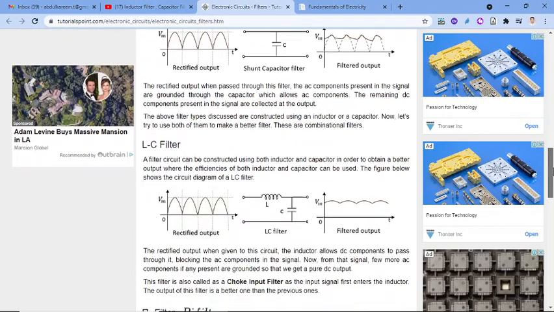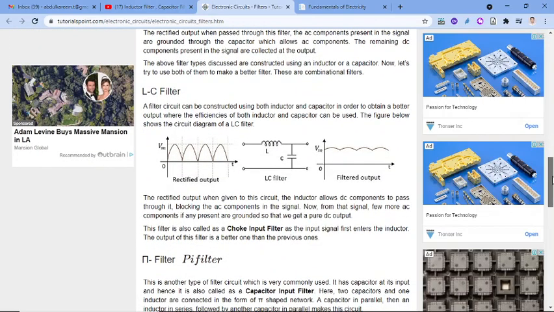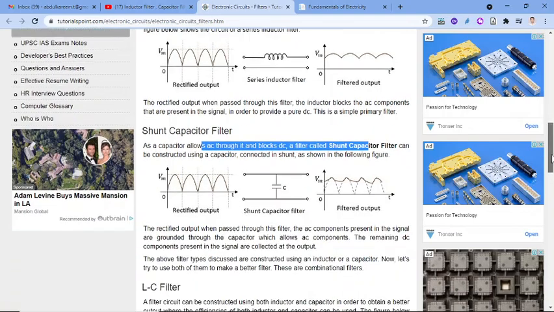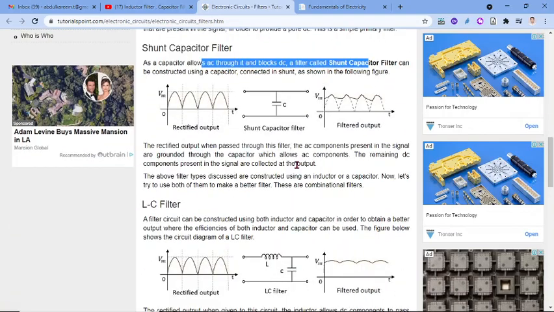Then we can combine the inductor and capacitor as an LC filter, inductor capacitor filter. The circuit is shown like this, and here you will get this much AC in the output, and that is again filtered by this capacitor.